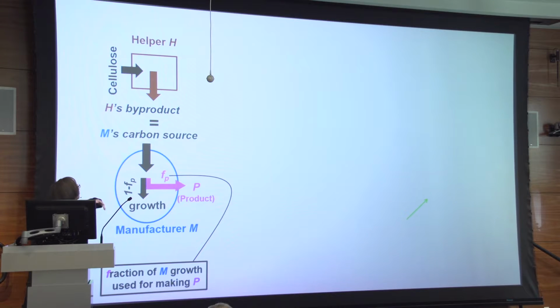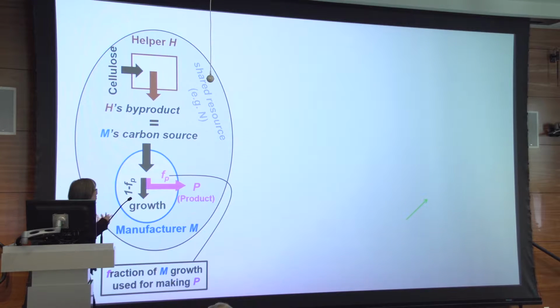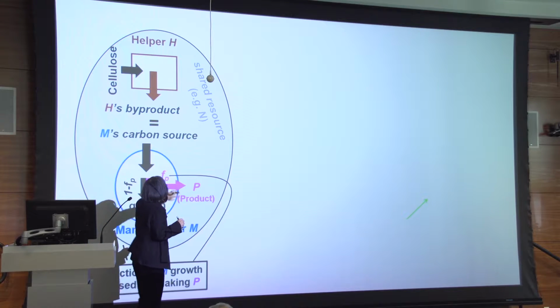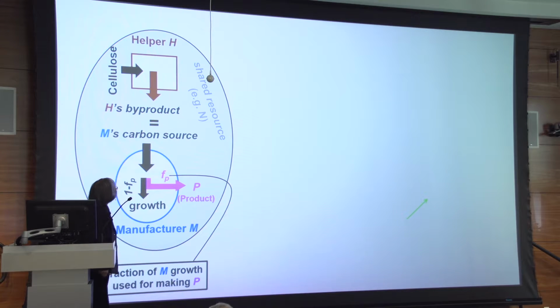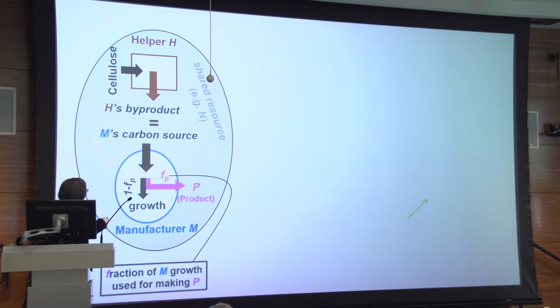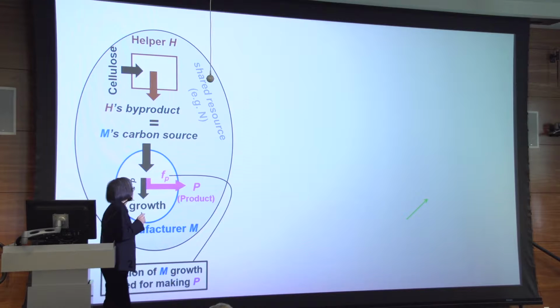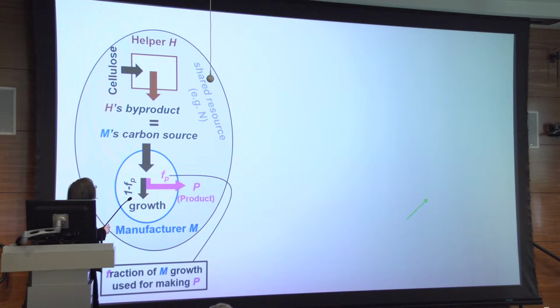Now, we artificially enclose these with artificial boundaries, such as, for example, in a microfluidic droplet or in a microtiter well. We also add a shared resource, such as a nitrogen source, that the two species will compete for. And as you can see, the conversion from cellulose to the product requires these two species simultaneously, and thus, by definition, is a community function.